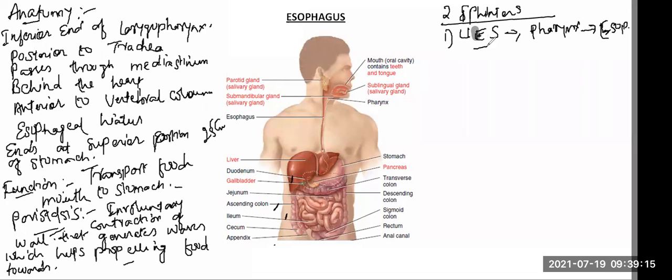So you have the upper esophageal sphincter here somewhere that guards the movement of food from the pharynx into your esophagus. Then you have one sphincter somewhere here, which we call the lower esophageal sphincter because it is at the lower end of your esophagus. It guards the movement of food from the esophagus towards your stomach.